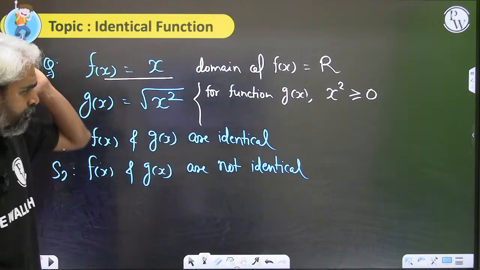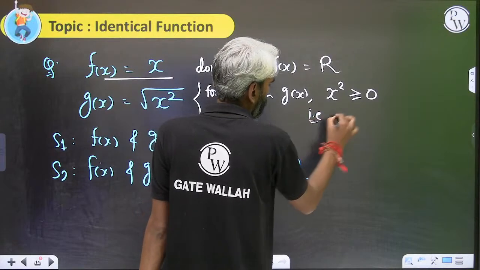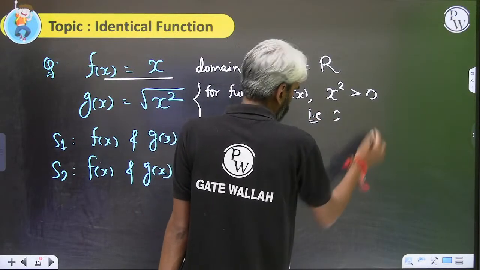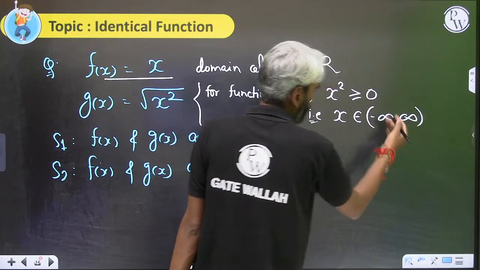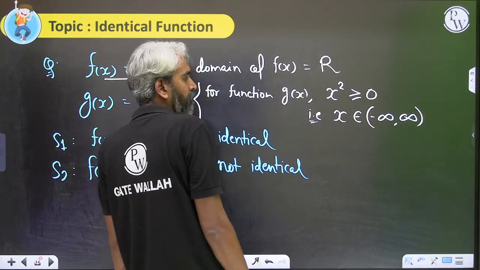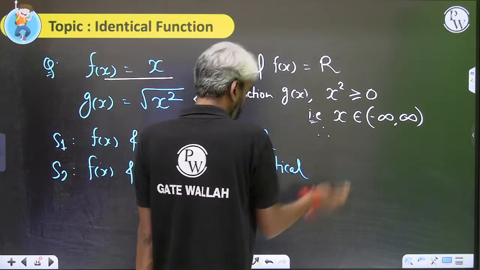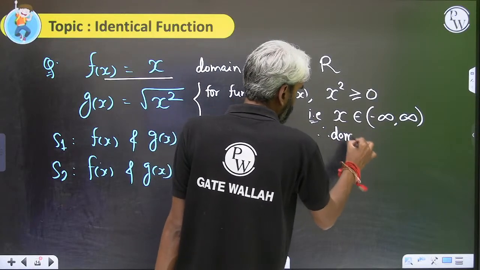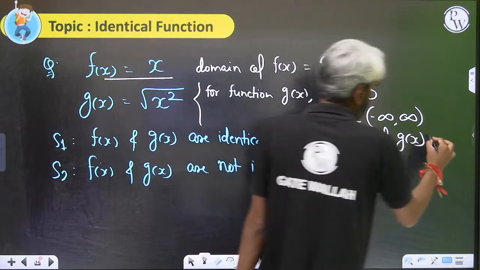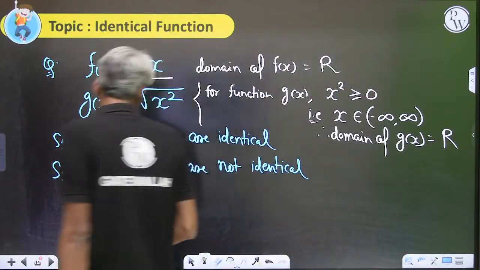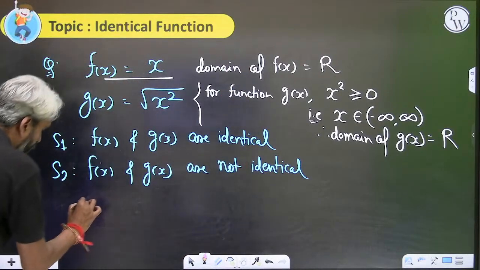Now, if you pass any x to this function, x can belong to any value between minus infinity and infinity, because if you pass any real number between minus infinity and infinity, then the square will eventually become greater than or equal to 0. Therefore, the domain of g(x) will be the real numbers. So the first statement is true.